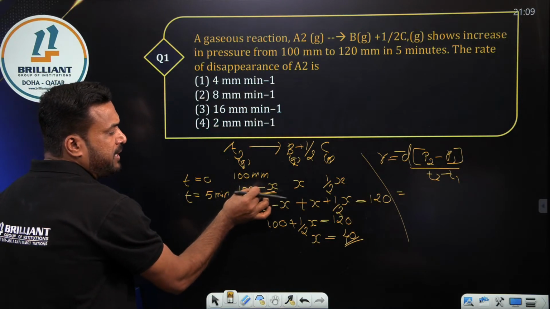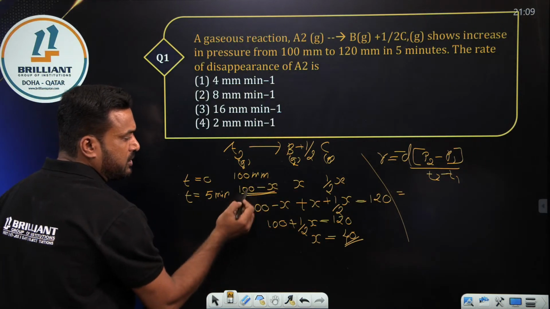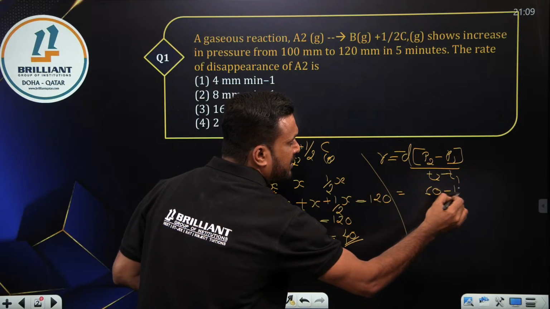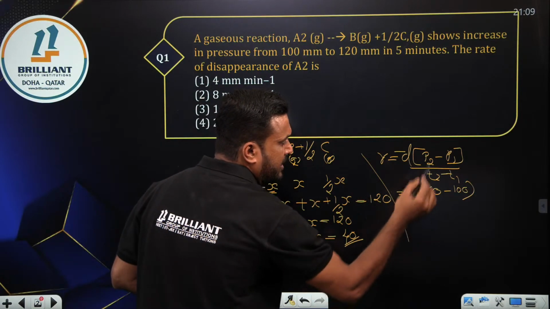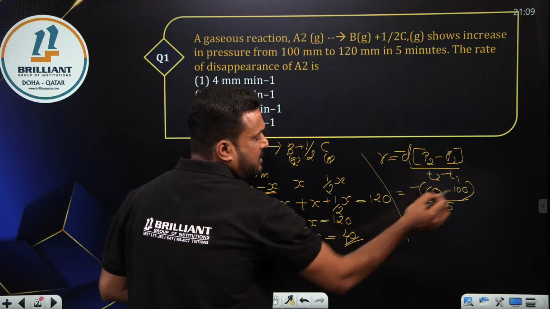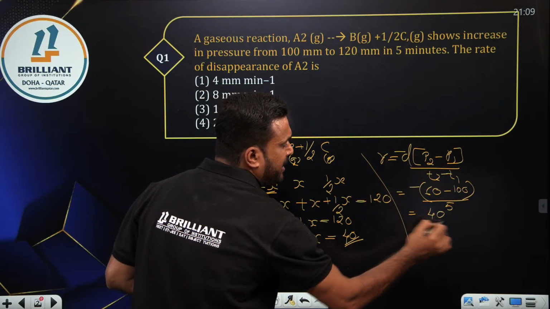You know that one, P2 will be how much? 60. 100 minus this one, x is 40. So 100 minus x is 60. So 60 minus 100 will come. That is the initial pressure. Anyway, minus is there outside and this will be 5 minutes. So 60 minus 100 is equal to minus 40. Minus 40 into minus, it will be plus. So 40 by 5 will come.